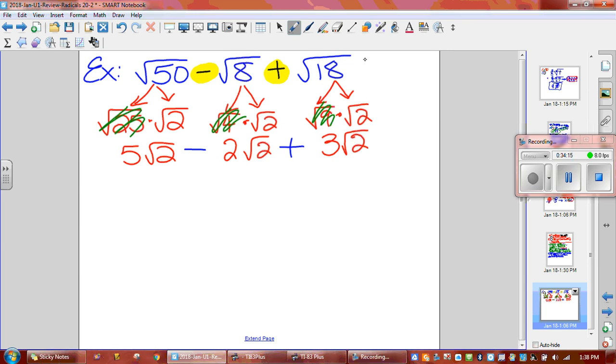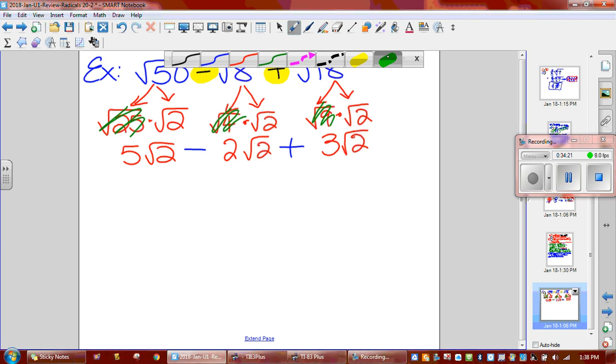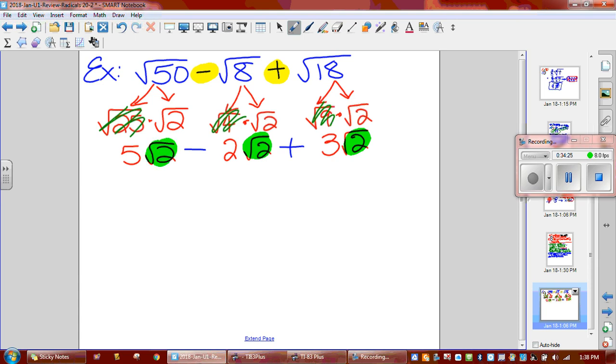If they're all identical, that means they match. That means I can add or subtract the numbers in front. Now, if there was another one added here that had a different radicand, he'd be by himself. I could not add him to the rest of these because he had a different number. So, with these numbers, I'm going to take 5, subtract 2 is 3, add 3 more, gives me 6 root 2.